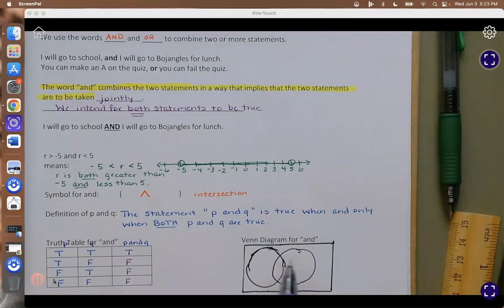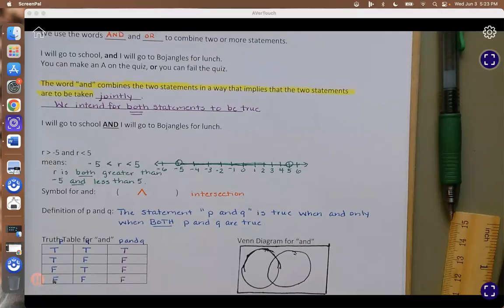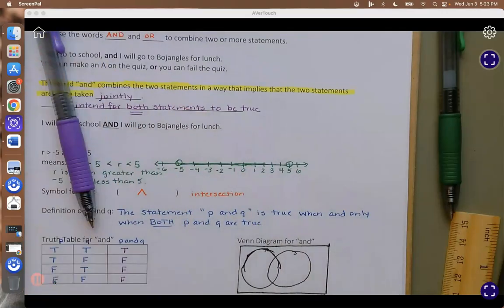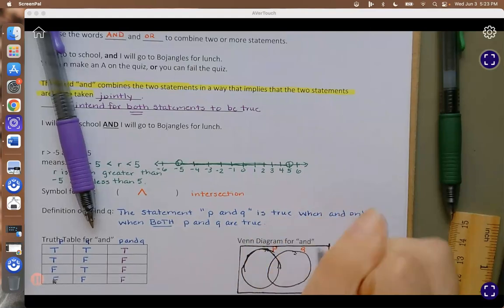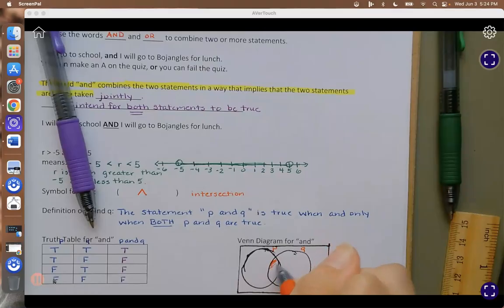And I'm sorry, my little Venn diagram, my circles really stink today. But we have P, we have Q. So P and Q, if you're looking at it from a Venn diagram standpoint, is the overlap. So we're looking at it from a statement form, from a truth table form, and a Venn diagram form.